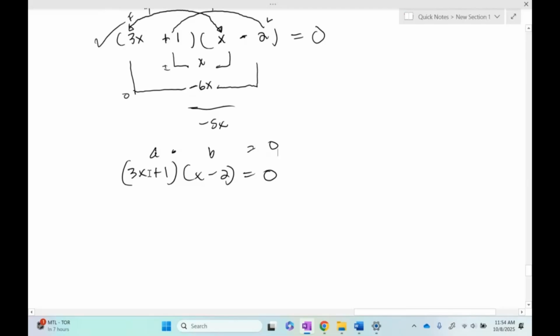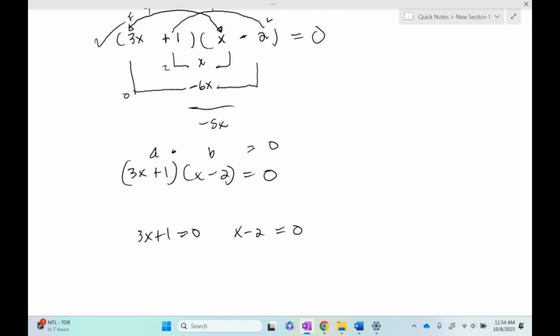A is the quantity 3x plus 1, because that's in a set of parentheses. B is the quantity x minus 2, because that's in a set of parentheses. Now I can let a equal 0, so I can set 3x plus 1 equals 0, and I can set b, which is x minus 2, equal to 0.